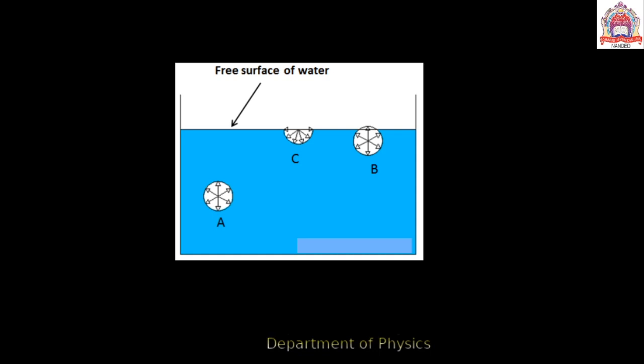Now we can explain this property of liquids on the basis of molecular theory, which was given by Laplace. In this figure, there are three molecules A, B, C, with their spheres of influence drawn around them.